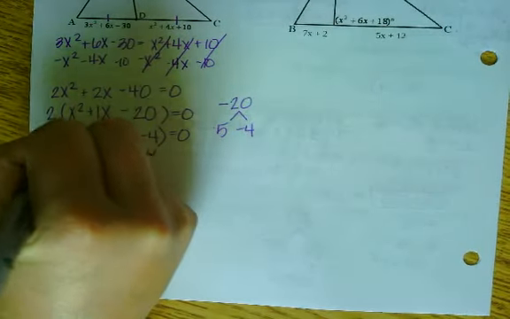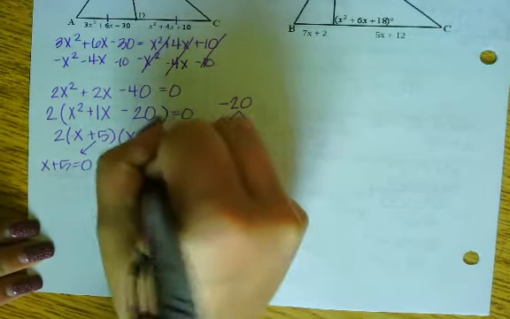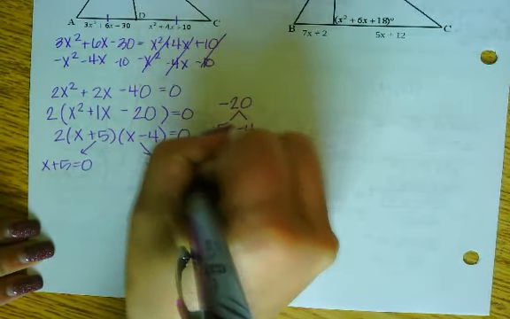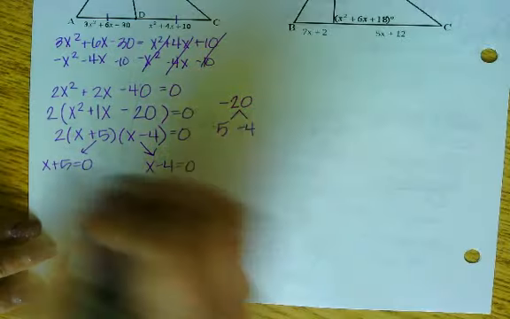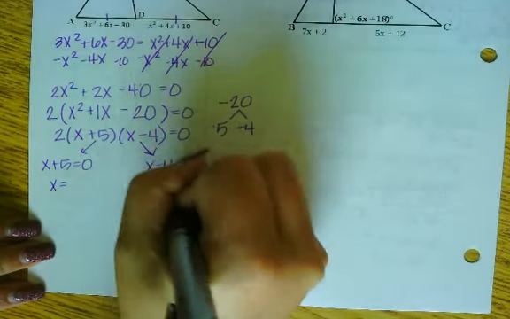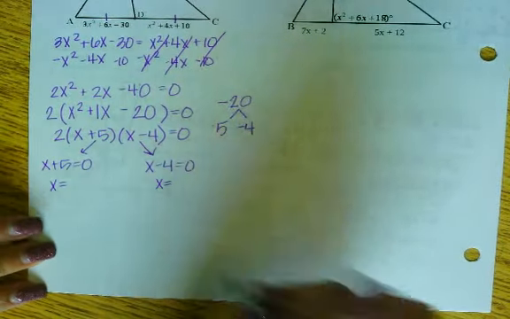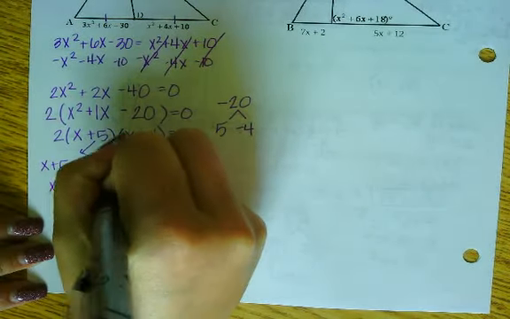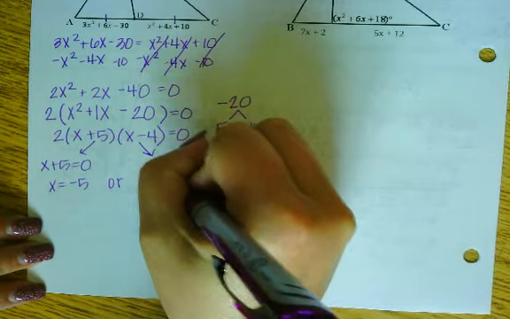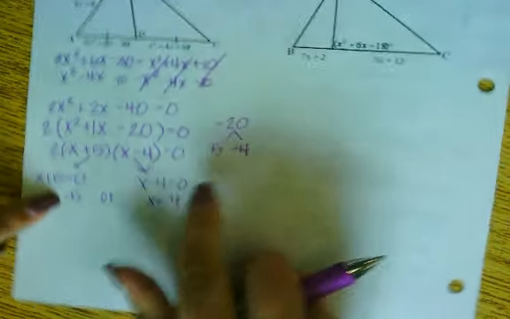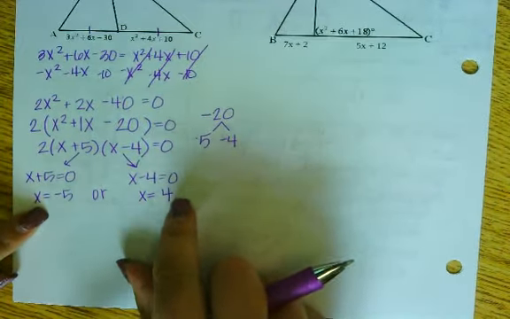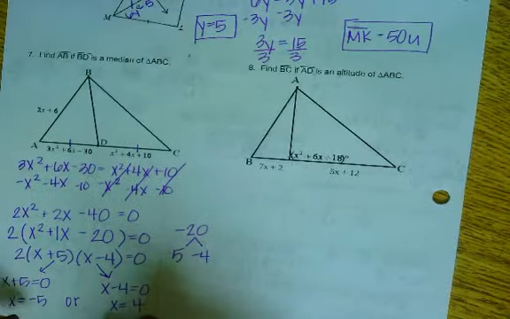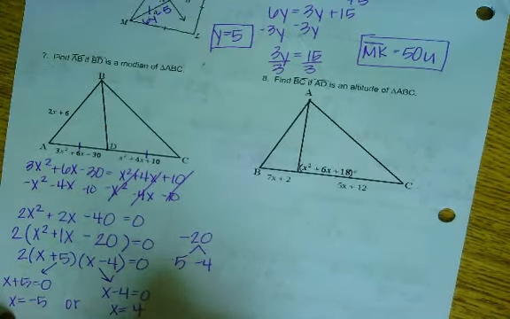However, you always want to verify your negative. So make sure that if you were to substitute in a negative, that you would not get a negative distance. In the event that you did, you would just cross out your negative value and say that it doesn't work. So the only answer would be x equals 4. However, you don't get in the habit of just crossing off your negative every time, because there are times where it does indeed work.